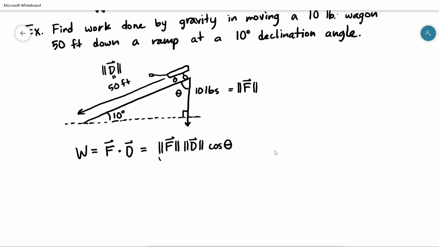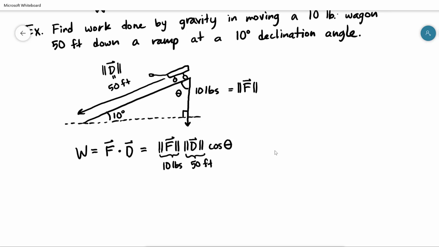I already know these two numbers. This is 50 feet. So, no, wrong one. This is 10 pounds. So the force is 10 pounds. The displacement is 50 feet.